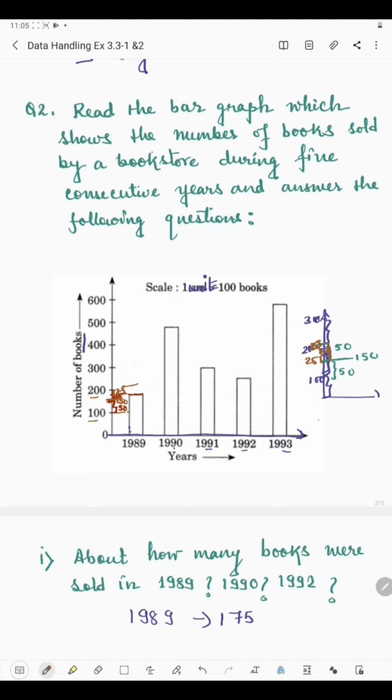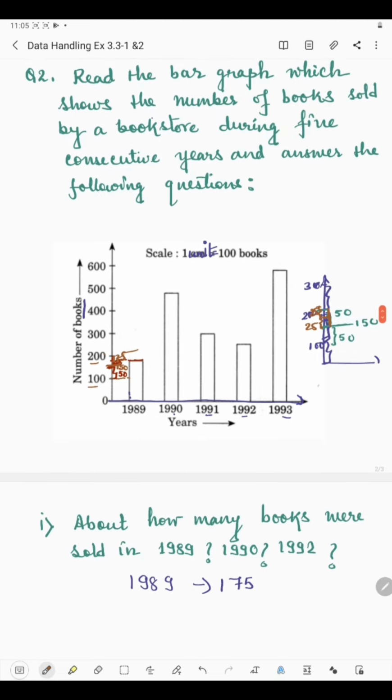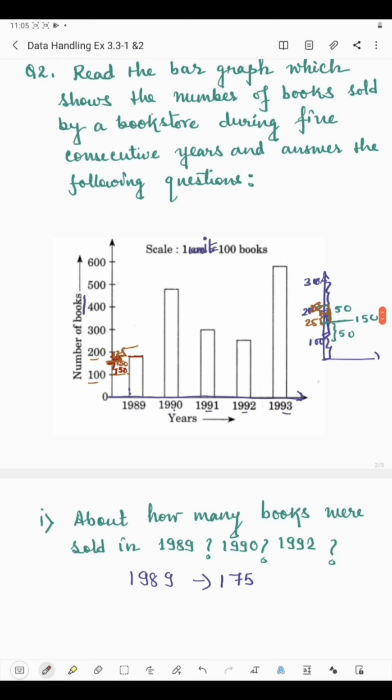Okay, now coming to the next, in 1990, how many books were sold? Here the height of the bar is showing up to this. Between 400 and 500, exactly in between is 450 books, because the total here is 100, and half of 100 is 50.